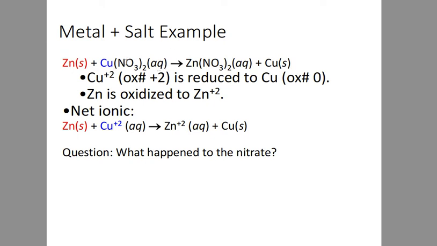I know that you know that this is Cu2+ and NO3-. And then over here this is really Zn2+ and NO3-. So we have 2 NO3- on the reactant side and 2 on the product side. Those are our spectator ions, so they go away in our net ionic equation.